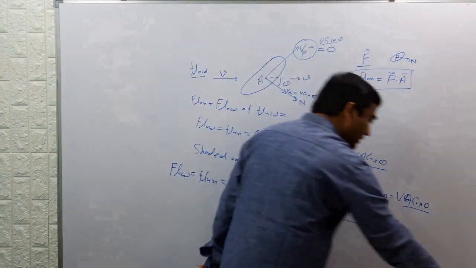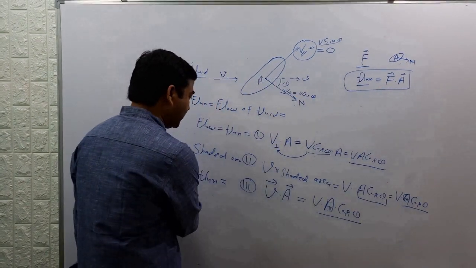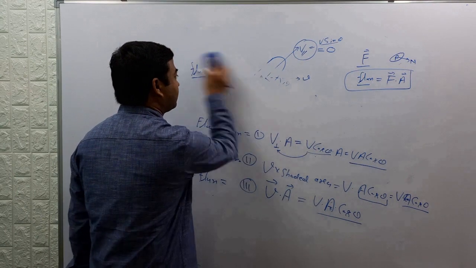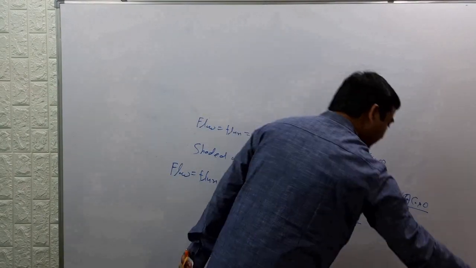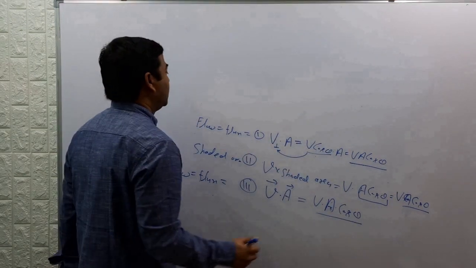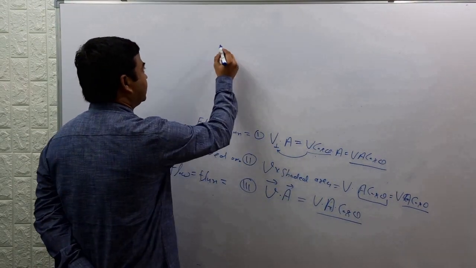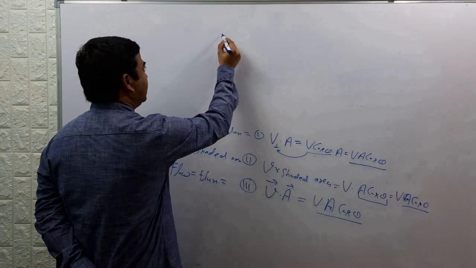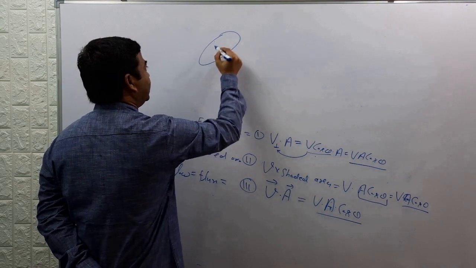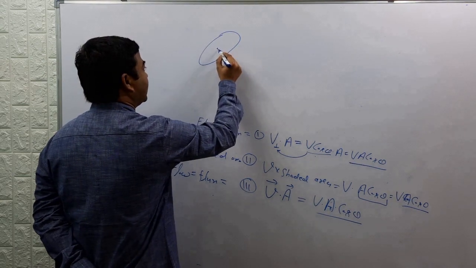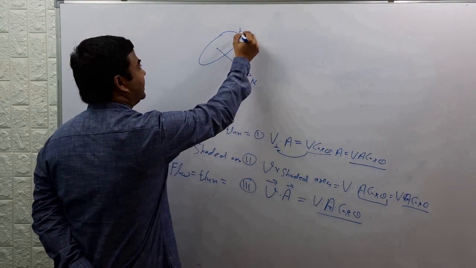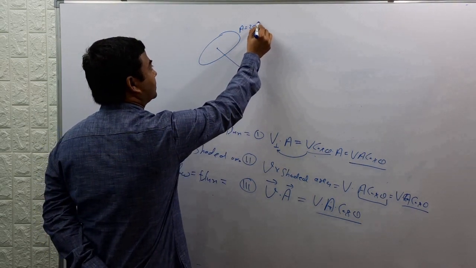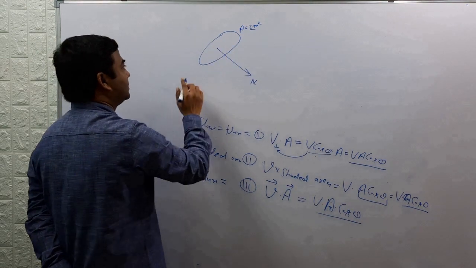We will just take a small example of this flux. So this is the area A and this perpendicular is in this direction. Area is equal to 2 meter square. It can have any shape.